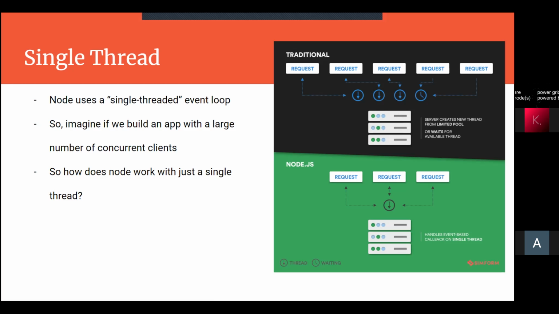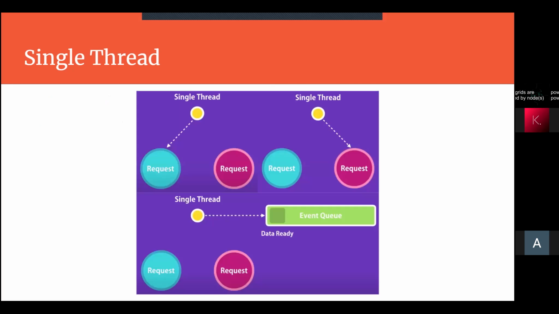So you're probably asking, how does Node handle all of the requests with just a single thread? Well, when a request comes in, the thread is used to handle the request. However, instead of waiting, it just moves on to the next request. So instead of waiting for the resulting data from the request, it moves on.